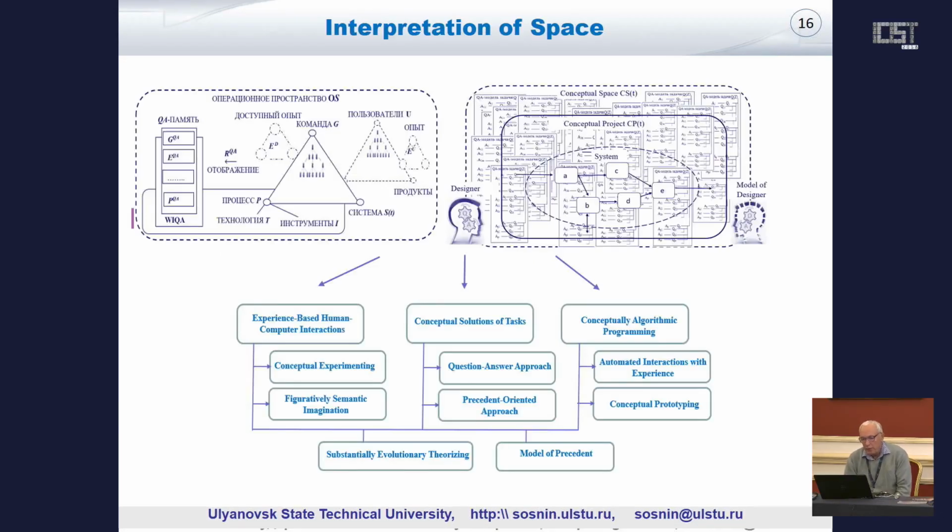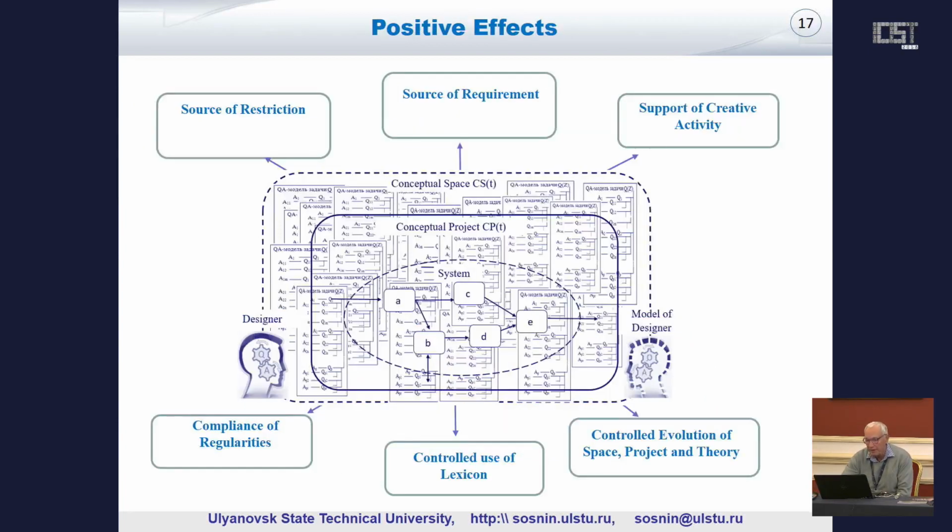As I said, we use a question-answer model of conceptual space, and even methodical interpretation helped us to investigate and to build instrumental means for experience-based human-computer interaction, conceptual experimenting, and other activities that you can see on this slide.